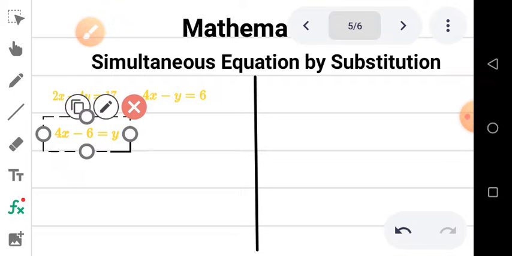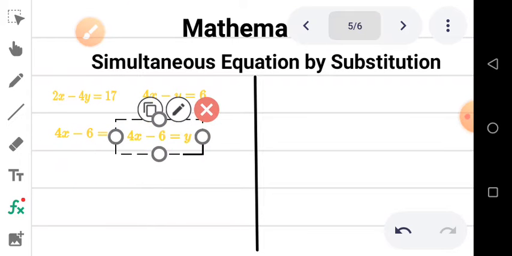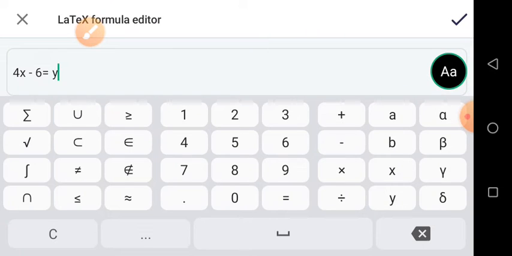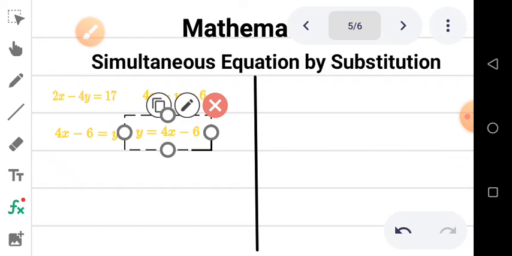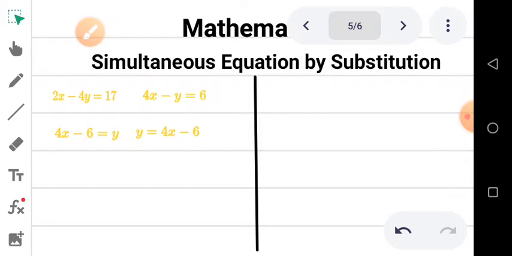We can now rewrite this to give us y equals 4x minus 6. It is still the same thing, I just like to interchange it.